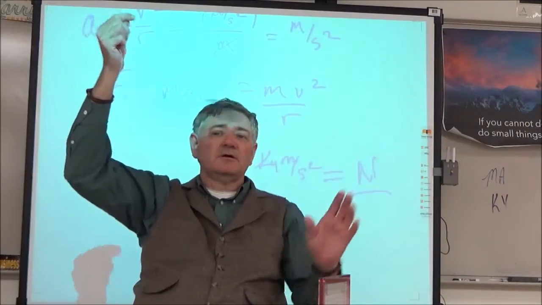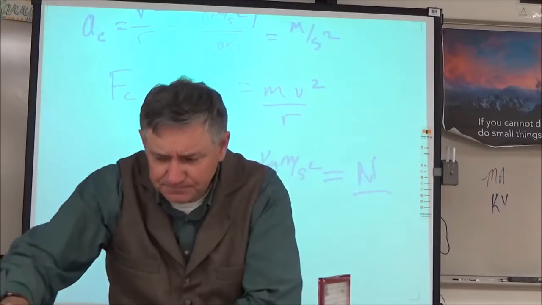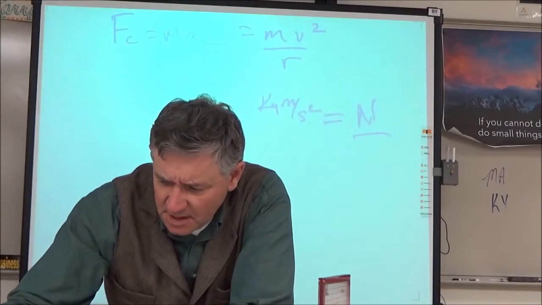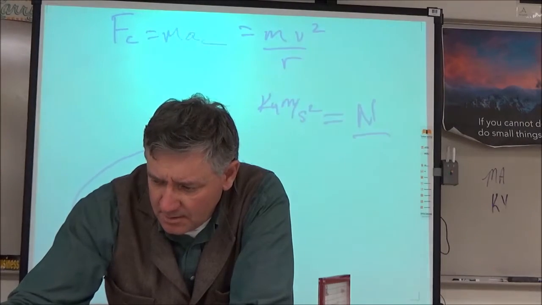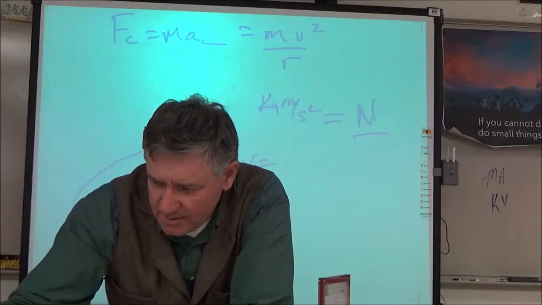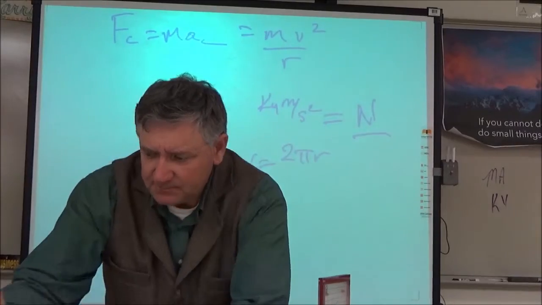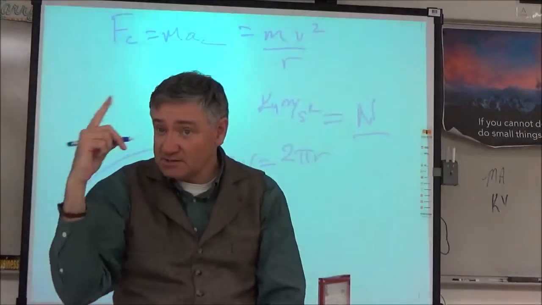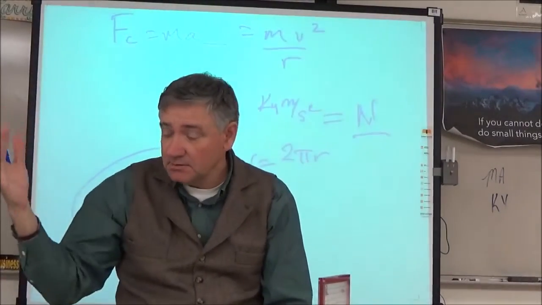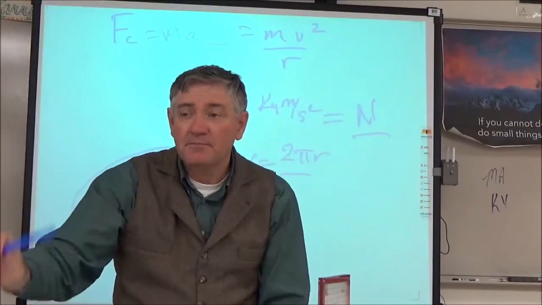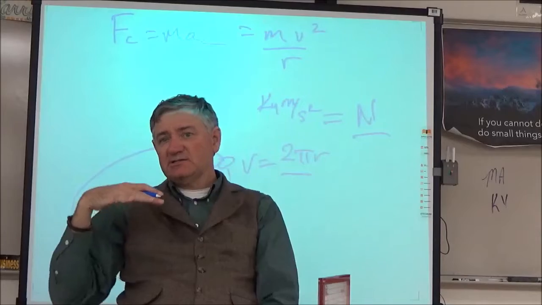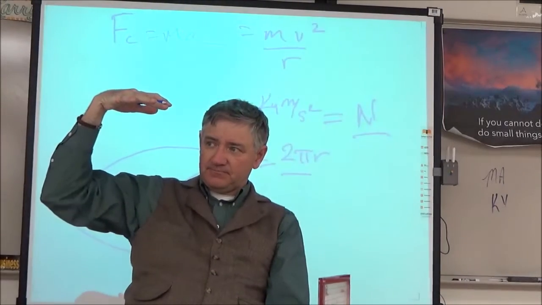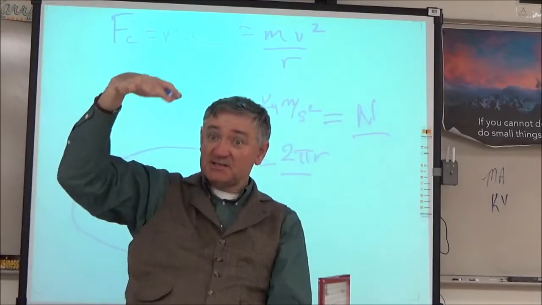And how do you calculate the circumference of a circle? 2 pi r. Right. So as this rubber stopper is going around, velocity is going to be 2 pi r, because that's going to be the distance that it's going to travel. That's all it is. Now, because we're making one complete loop, do we use lowercase t or uppercase T? Uppercase T, because that's period.